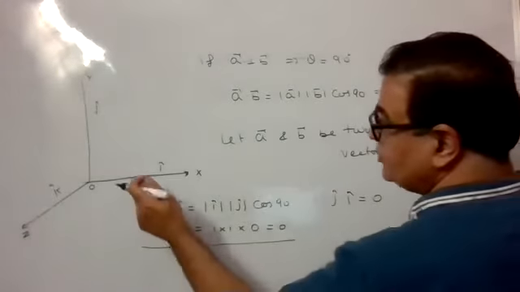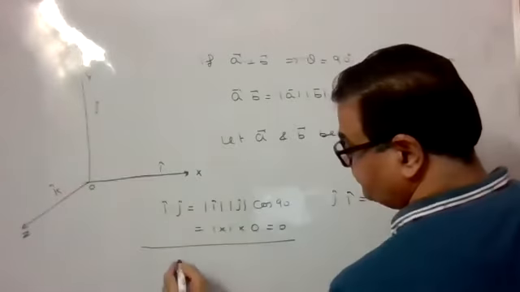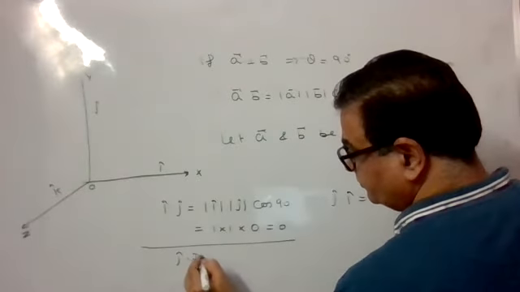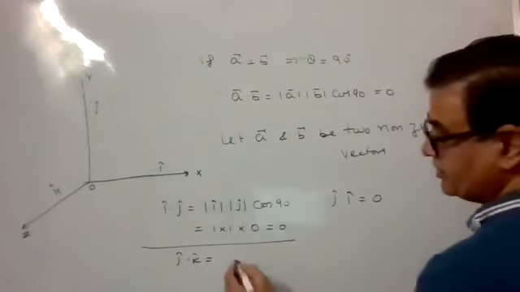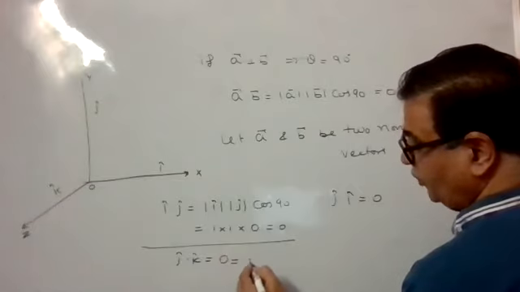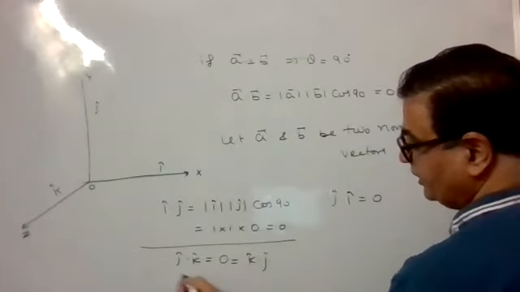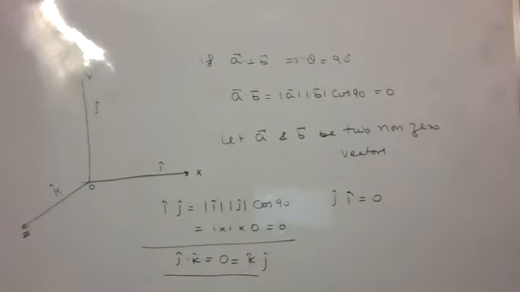In the same way, when I say j dot k, they are also perpendicular vectors. So if they are perpendicular, this should be 0, or I should say k dot j is 0. And the third case will be i dot k is 0, and k dot i, they all are 0.